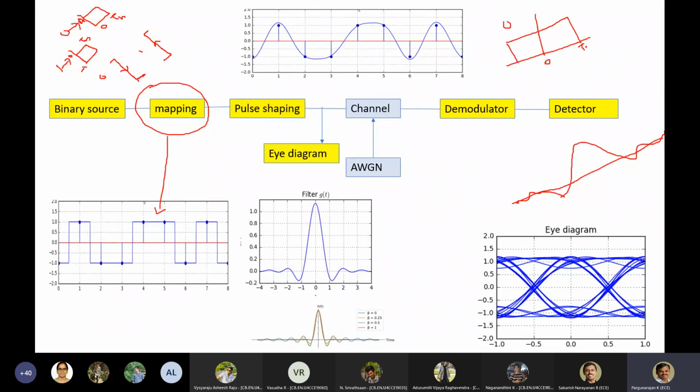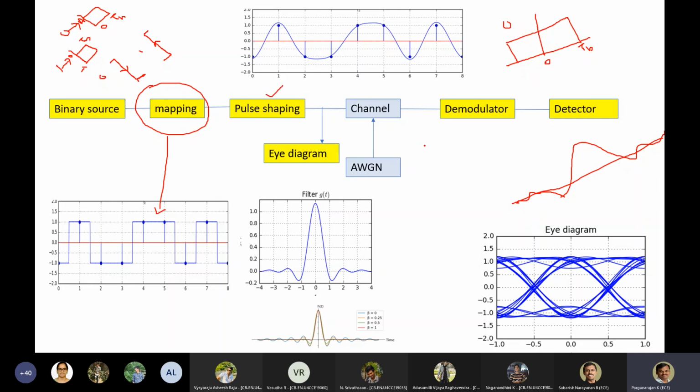So in the frequency domain it is going to be unlimited, but our constraint is that we have to work only within a specific bandwidth. So we are trying to change from the rectangular representation to some small variation that has a limited bandwidth. That is what we call pulse shaping.